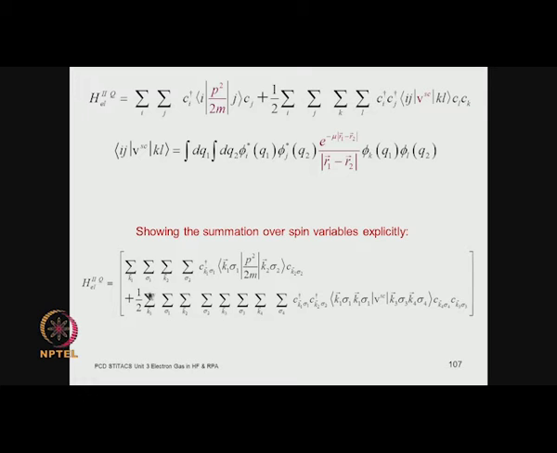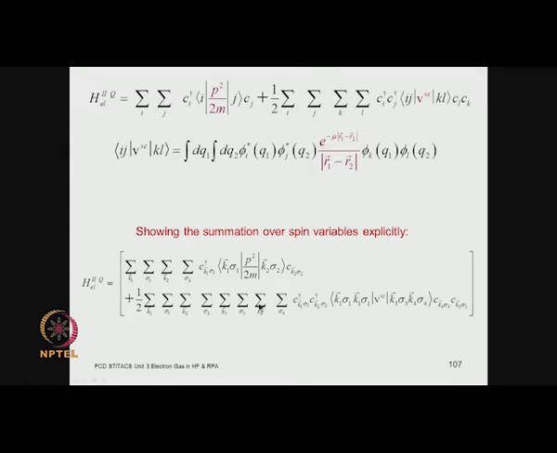So, you have got summation over the vector k1 and the vector k2, and then there are summations over 2 spins, sigma 1 and sigma 2. So, k2 sigma 2 is the detail that goes into summation over j, and k1 sigma 1 is the detail that corresponds to summation over i. So, I am now writing the summations over the spin variables explicitly.